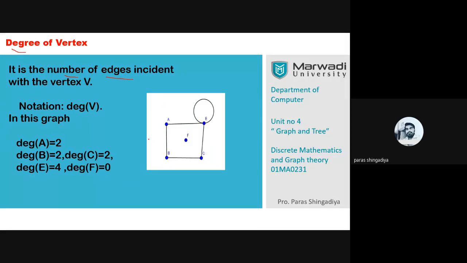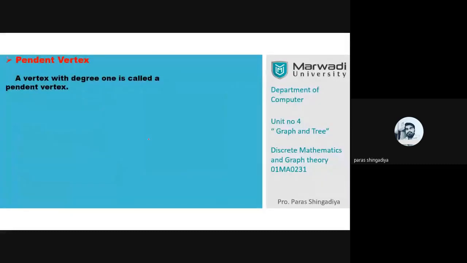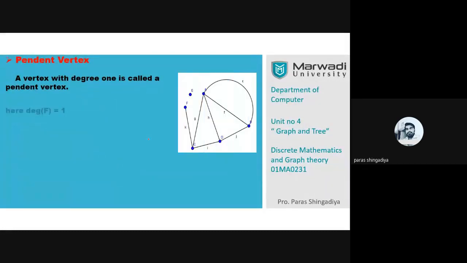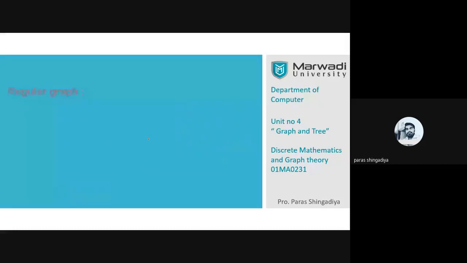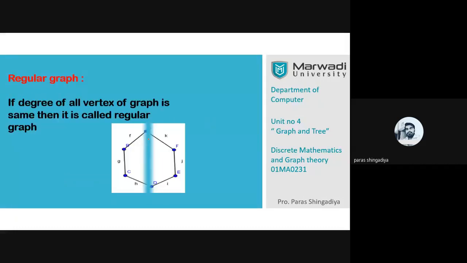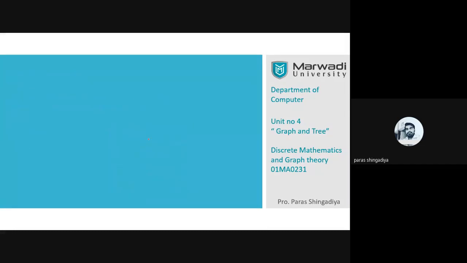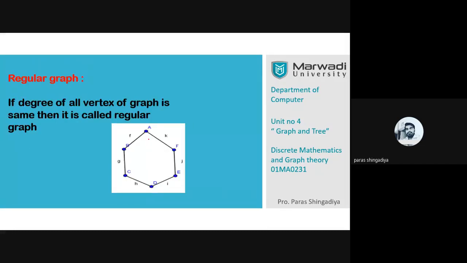If you have any loop, we count its degree as 2, and then check how many edges are incident with this vertex. Pendant means degree 1, isolated means degree 0. A regular graph means all vertices have the same degree.